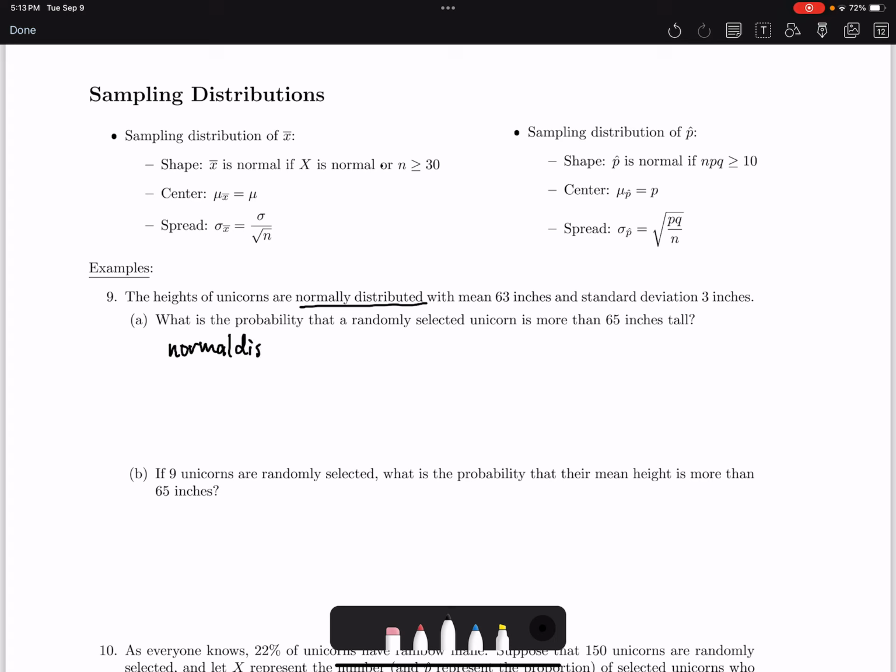So we'll use the normal distribution to compute this probability. Normal dist with a mean of 63 and a standard deviation of 3. And we're looking for the probability that a randomly selected unicorn X is more than 65 inches tall. Okay, let's take a look.